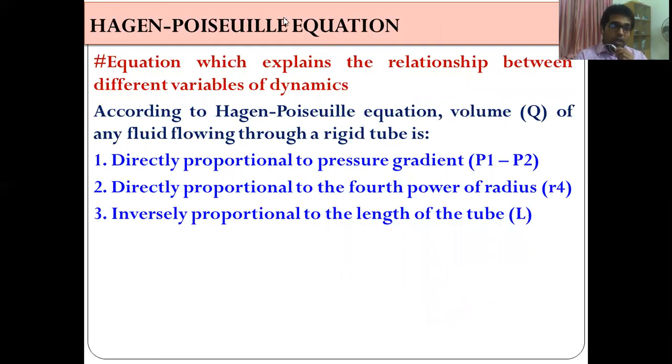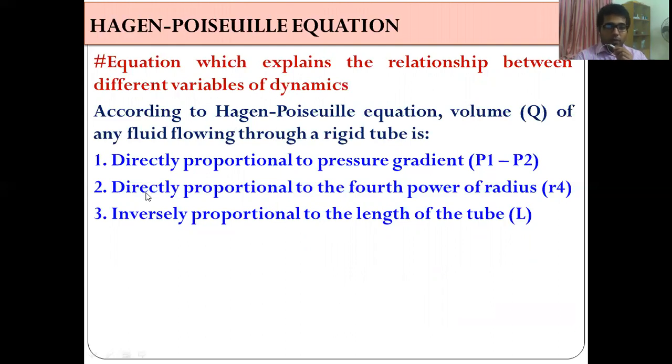Now, the most important equation is known as the Hagen-Poiseuille equation. This equation explains the relationship between different variables of hemodynamics. According to Poiseuille's equation, the volume of blood flow, that is Q, flowing through a rigid tube is directly proportional to the pressure gradient. So if there is a larger pressure difference between the two ends of a vessel or a rigid tube, that will increase the flow of blood.